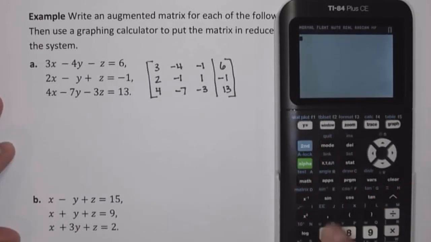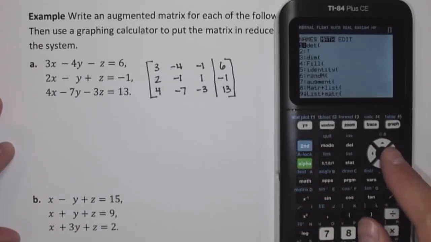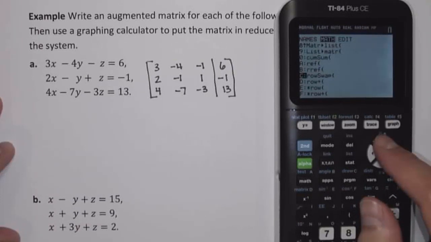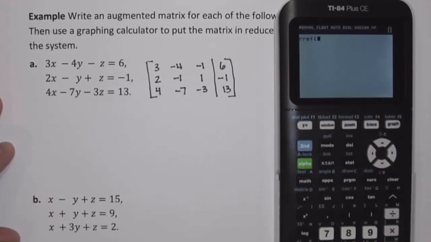I'm going to press second, quit to go back to the home screen. I'm going to go back to the matrix button, so second, matrix again. This time I want to do math, and I want to put this in reduced row echelon form. So that's option B on my calculator, and I'm putting matrix A in reduced row echelon form.